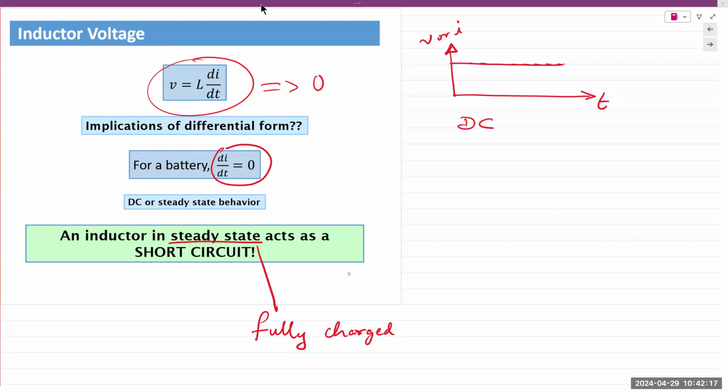So when it comes to AC, voltages and currents are constantly changing with respect to time. So when it changes, the inductor magnetic field opposes that change. And we will study this in depth in chapter 5 in AC analysis. So for DC, it behaves like a short circuit, but for AC, there is opposition.